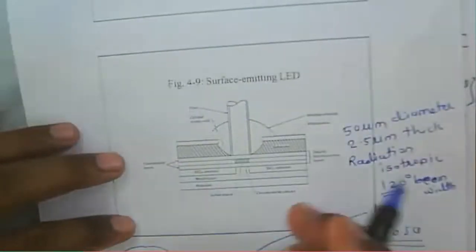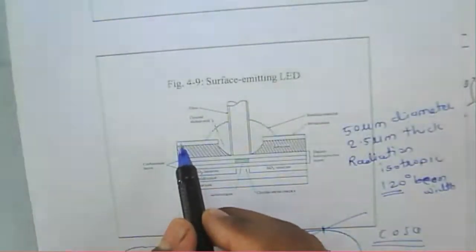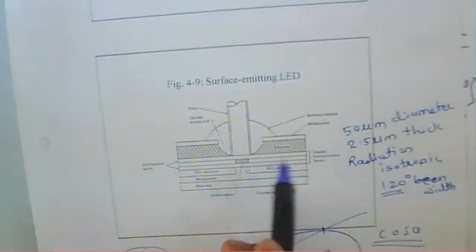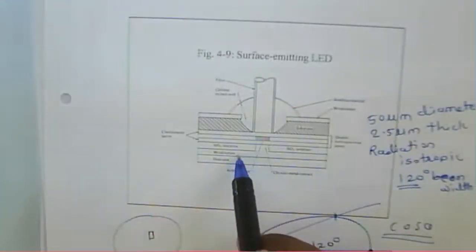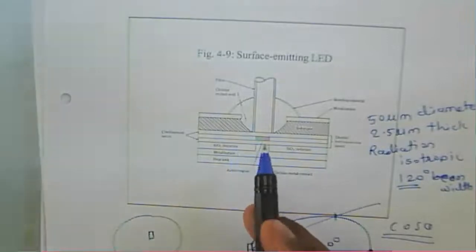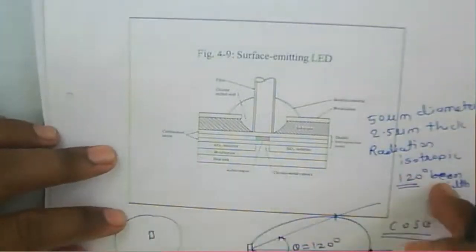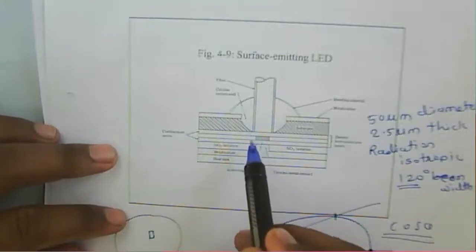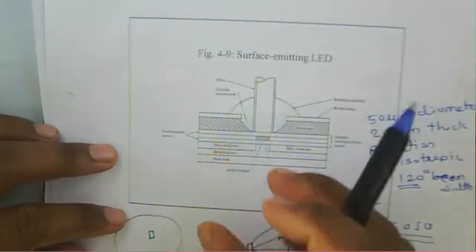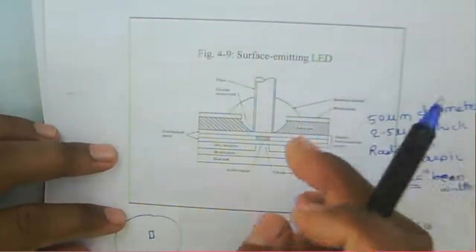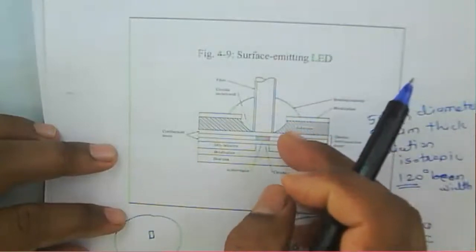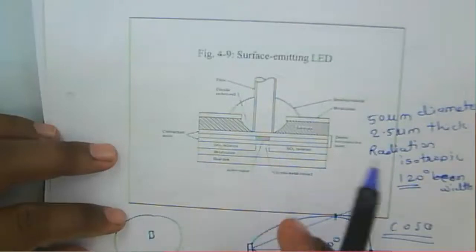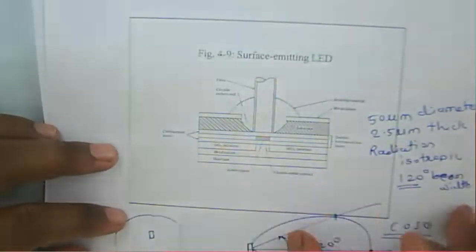So that is about a light emitting diode. If you see the active junction here for this light emitting diode, it produces light in all directions. That's why we say it is incoherent light. So the light emitted from this is incoherent, and it has two guiding layers.